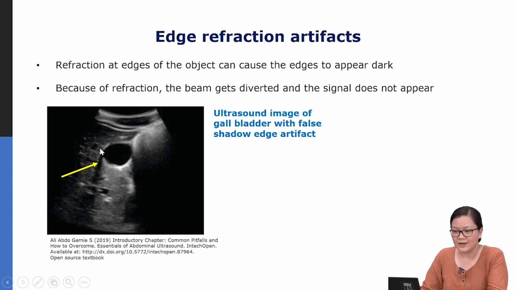Because of the refraction, the beam gets diverted into a different direction, and the signal does not go back to the transducer. Therefore, at that location, there's no signal being reconstructed. Therefore, these edge refraction artifacts also occur.